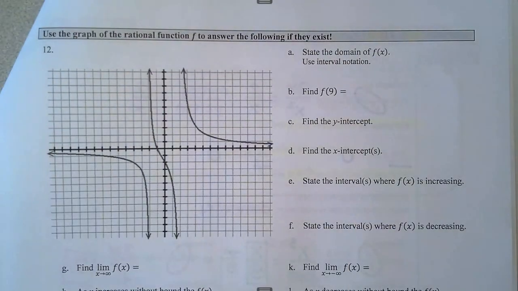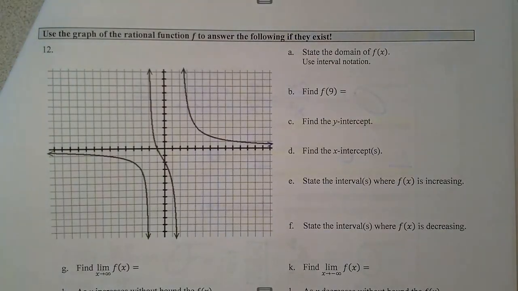Some kids have been struggling with that, so I wanted to talk about it real quick. Did you guys do this problem yet? On page 5? Okay, so we can do it together.